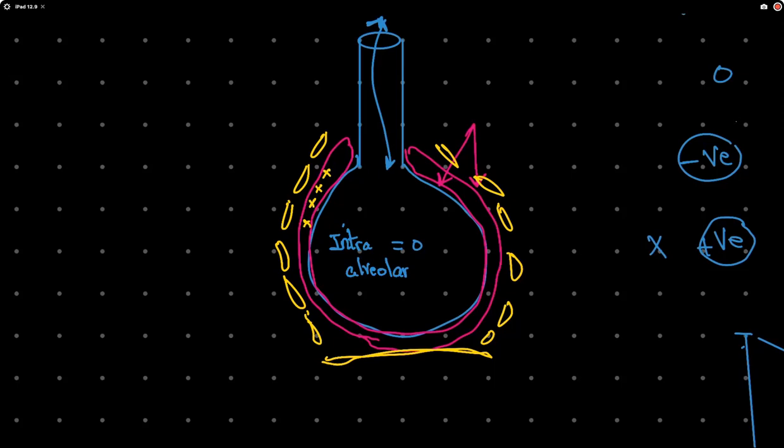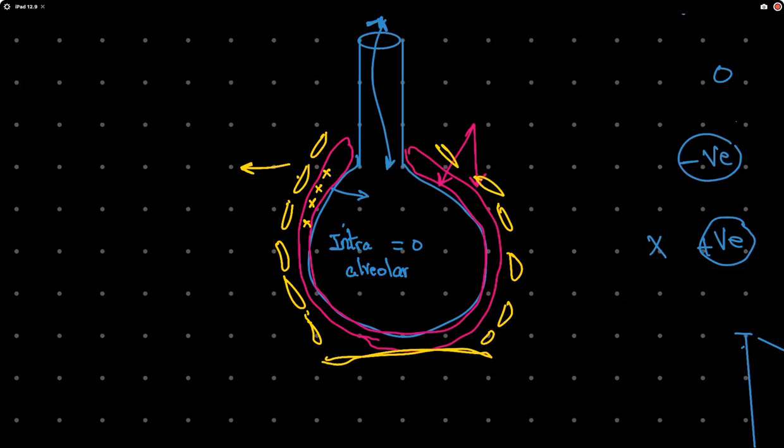The volume of the space between the two layers of the pleura is trying to increase all the time. Why? Because my chest has a high tendency to expand with the muscle tone. The chest is trying to move out, and my lungs are like an elastic balloon. They have a tendency to recoil.